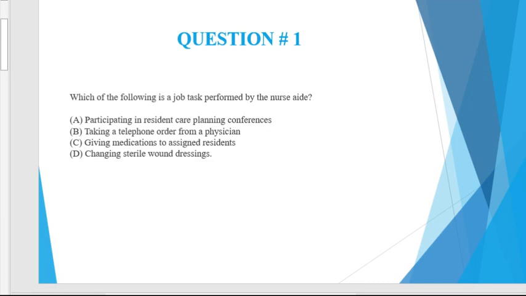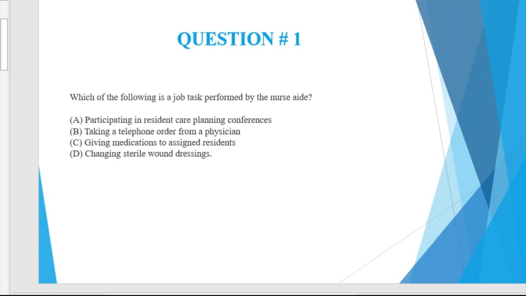Let's assume you don't know the correct answer to this question. But ask yourself, are you supposed to do wound dressing, especially the sterile wound dressing? No. Are you supposed to give medications to your residents? The answer is no. Are you supposed to take telephone orders from the doctor?